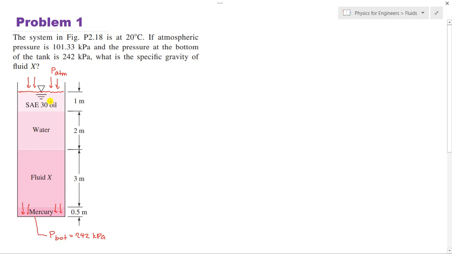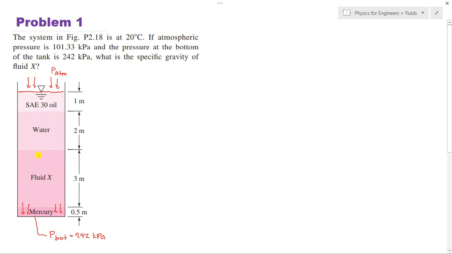So see, at the surface it is only atmospheric, but reaching the bottom the pressure value becomes very large because of the fluids. This is a multi-system because we have several fluids present. So don't worry, we just follow the principle of pressure.